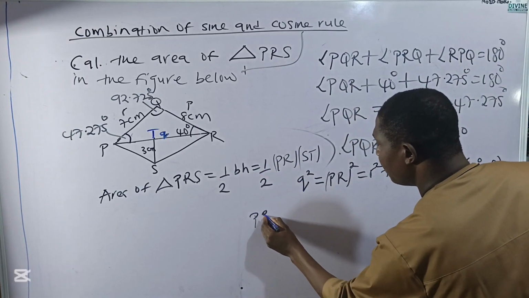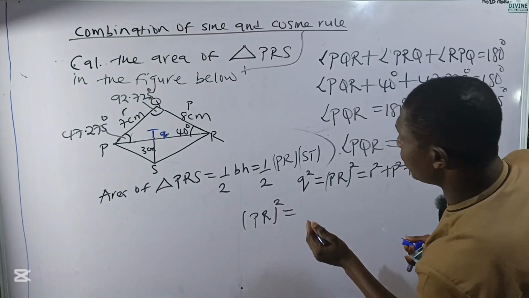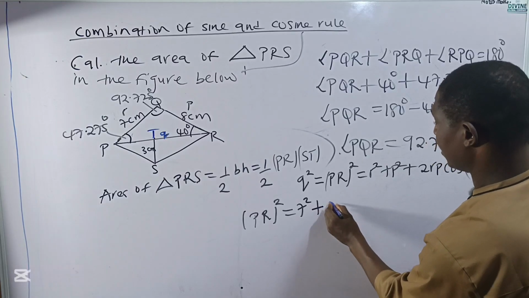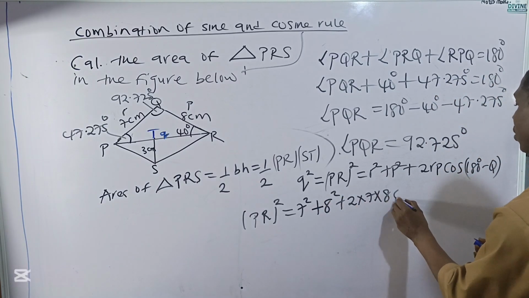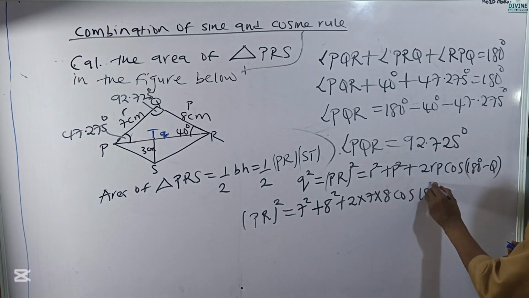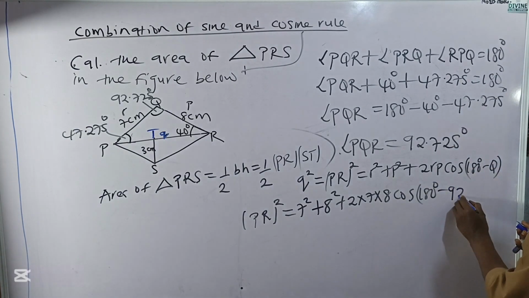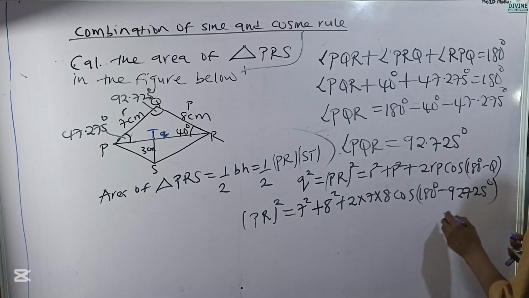So I have PR squared equal to 7 squared, since R is 7, plus P, which is 8, 8 squared plus 2 times 7 times 8 cos of 180 degrees minus my angle Q, which is 92.725 degrees. Please take notes.